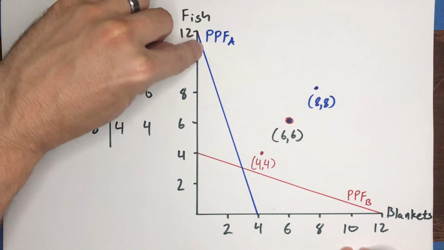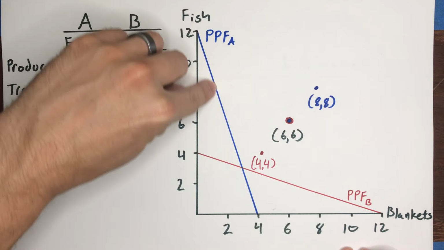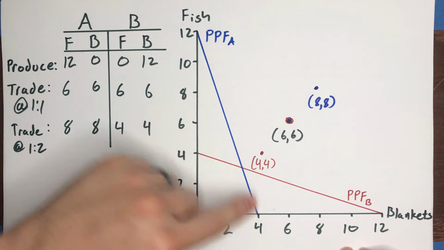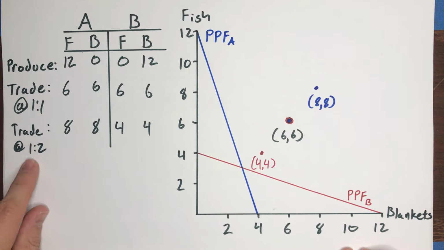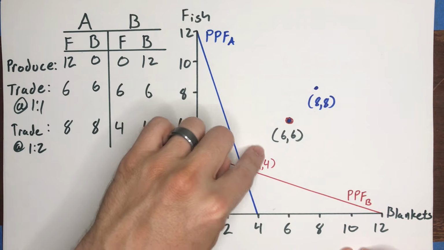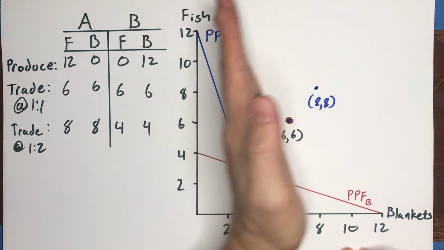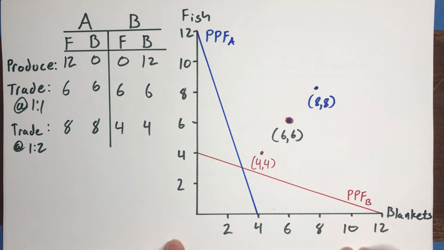Notice that this is telling us the slope of her production possibility frontier is telling us that for every 3 fish she gives up, she's going to get 1 blanket. So as long as she's trading at fewer than 3 fish for every blanket, her consumption bundle is going to be somewhere off to the right of this blue curve.